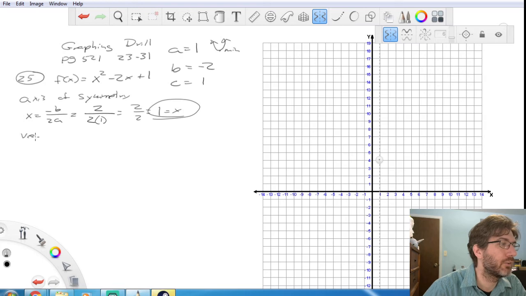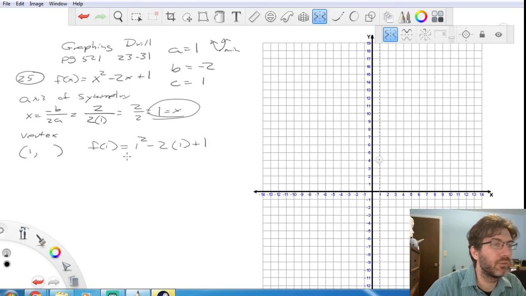Next we're going to find our vertex. Our vertex is going to have the x-coordinate of 1, and the y-coordinate we'll have to figure out when we plug in f of 1 equals 1 squared minus 2 times 1 plus 1.